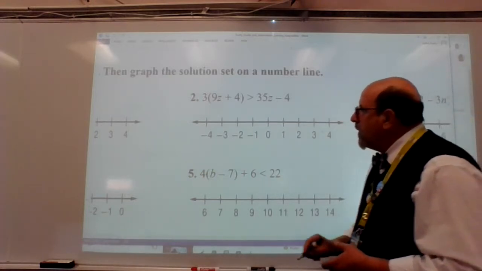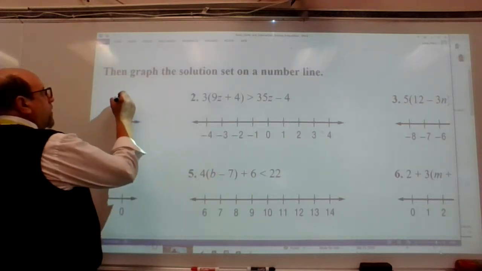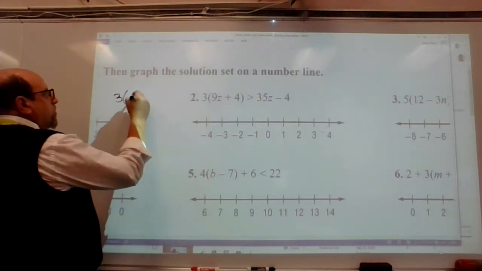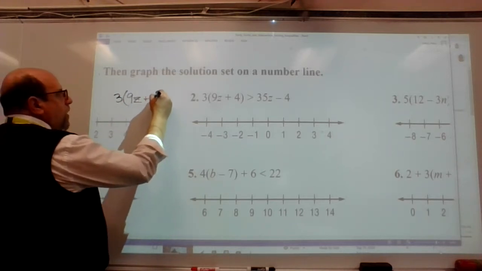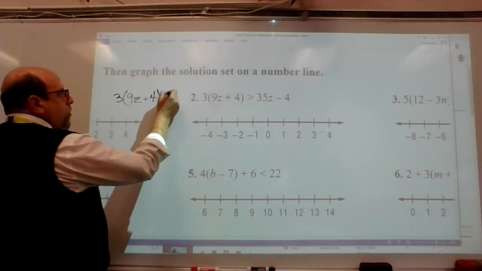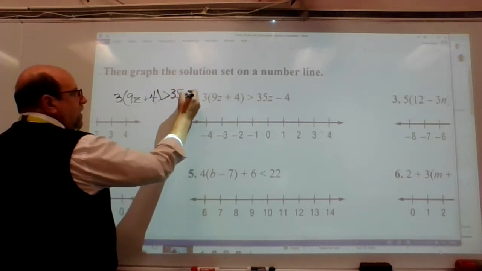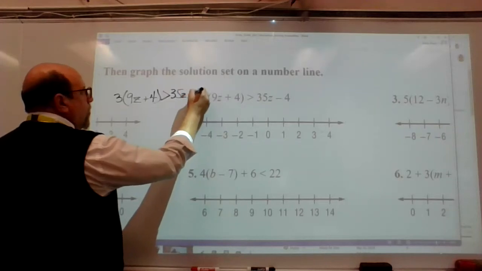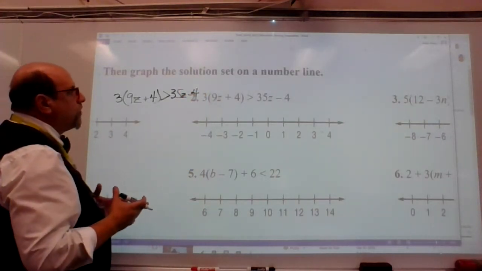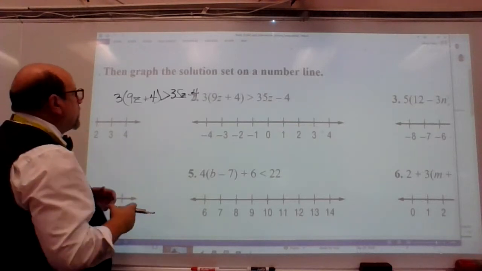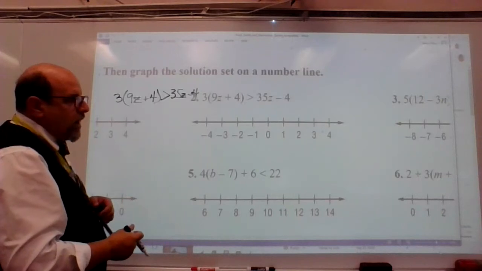Why not? All right. So I have the inequality of 3 times the quantity 9z plus 4 is greater than 35z minus 4. Oh my gosh. What do I do first? Well, step 1 says undo any addition or subtraction.